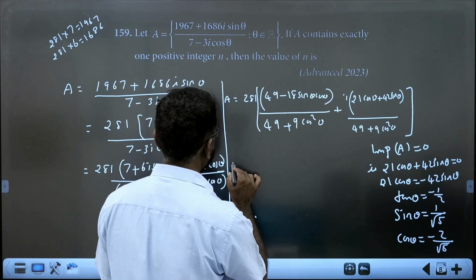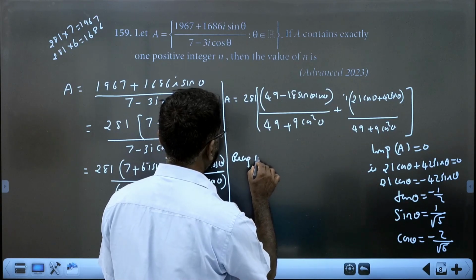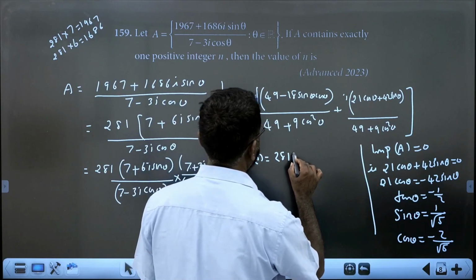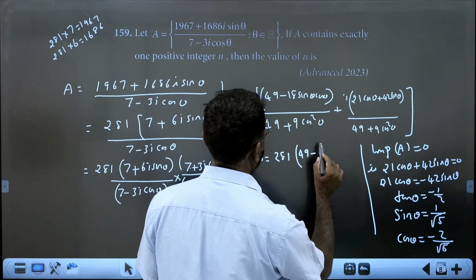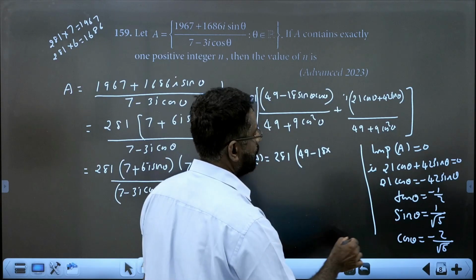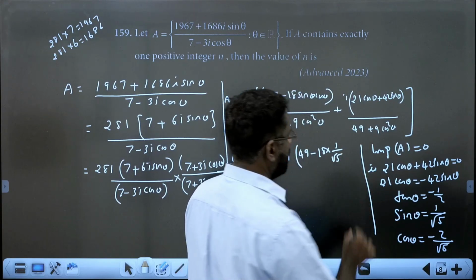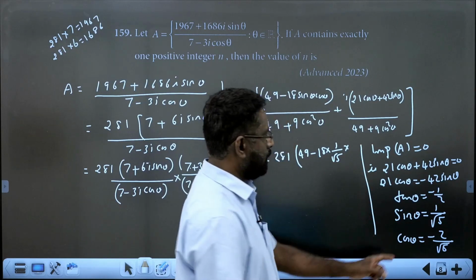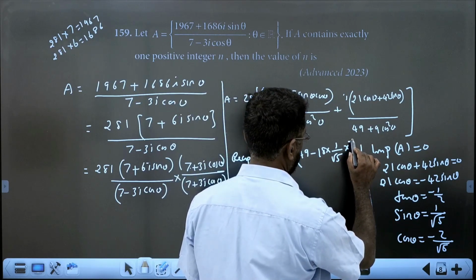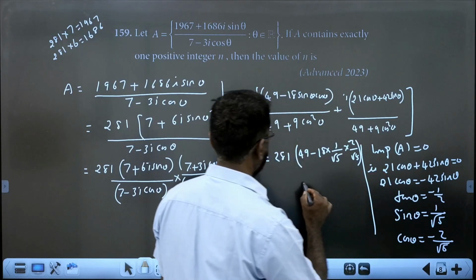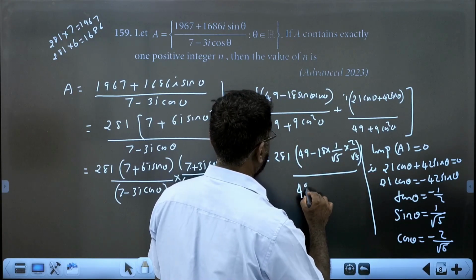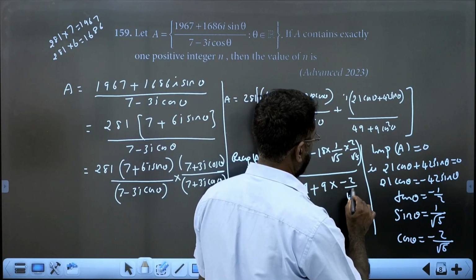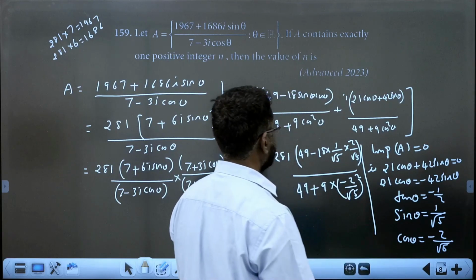Real part of A is 281 into (49 minus 18 into sin theta, 1 by root 5, into cos theta, minus 2 by root 5) divided by (49 plus 9 into cos square theta, that is minus 2 by root 5 square).